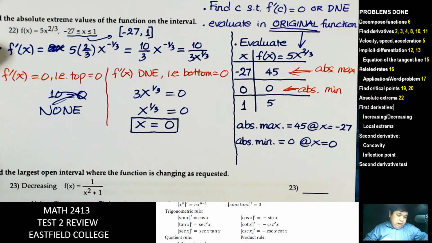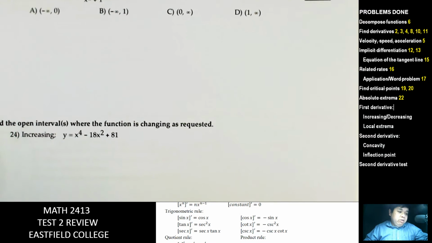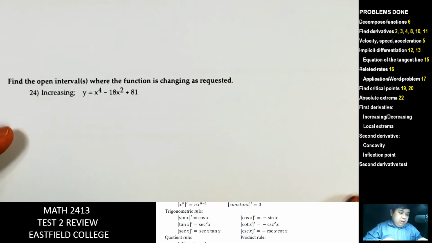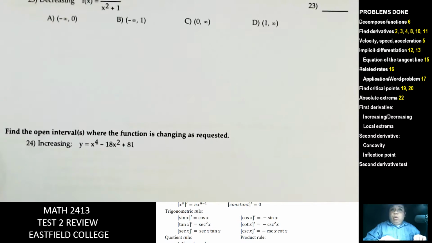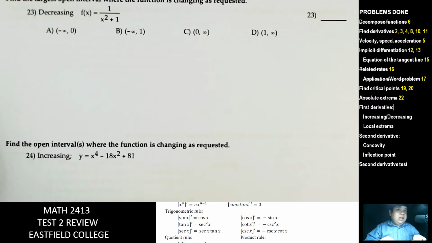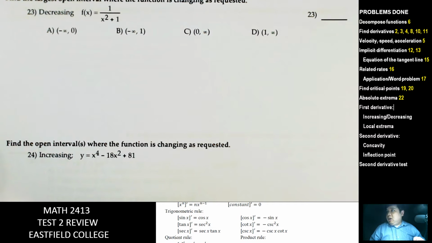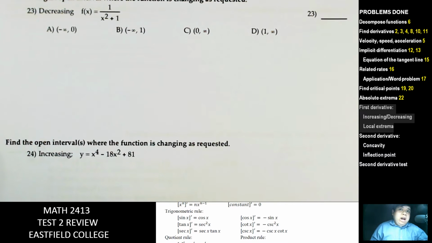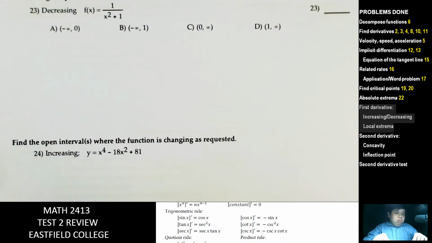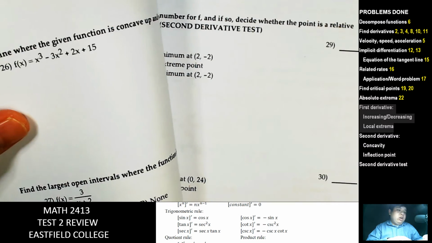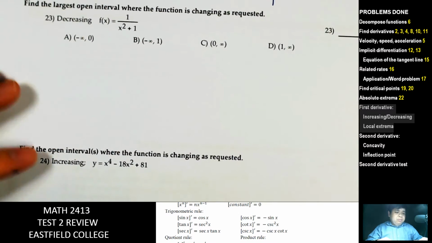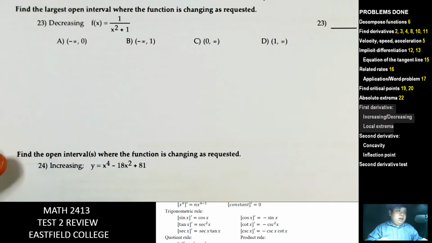Next we will go to where we have the derivative. The first derivative will tell us if the function is increasing or decreasing, and with that we have the local max and local min. 23, 24, and 25 will be similar.